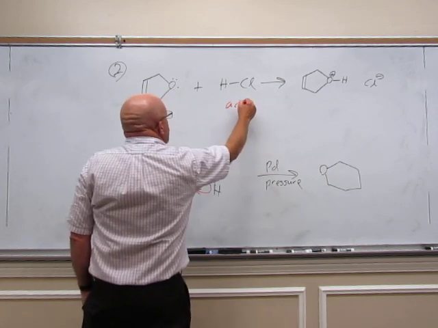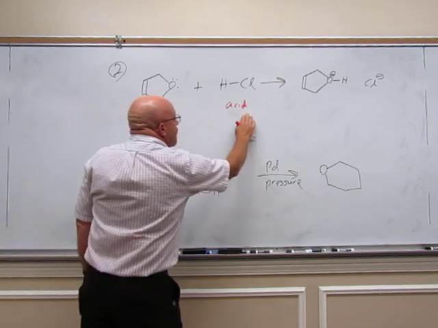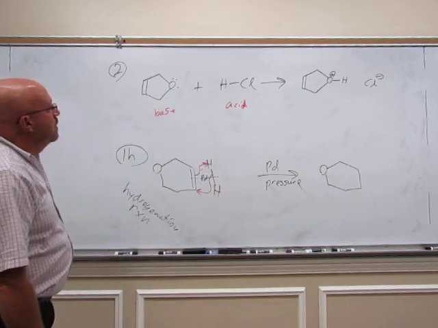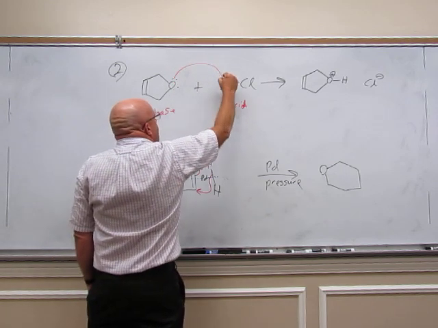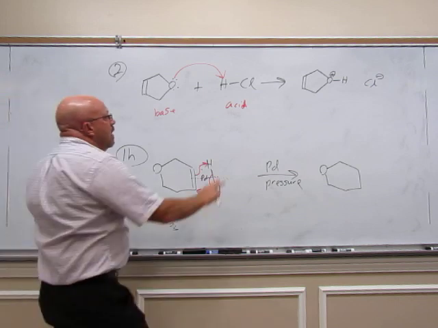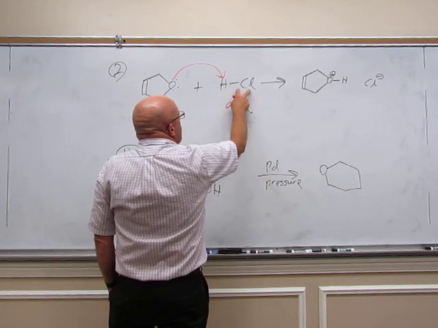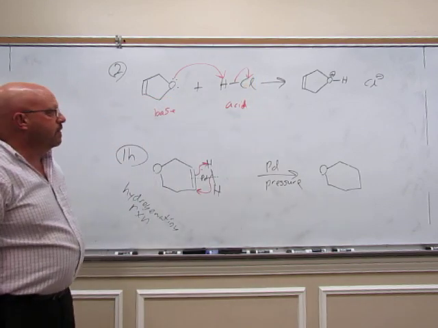The other molecule has to be the base. And the base always goes and attacks the acid. It's the oxygen, one of those lone pairs, going to grab the proton off the acid, and the electrons in the hydrogen-chlorine bond get left on the chlorine. There is our mechanism.